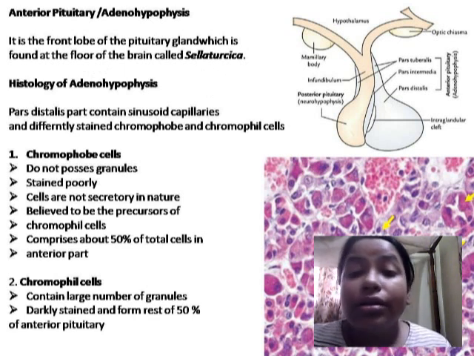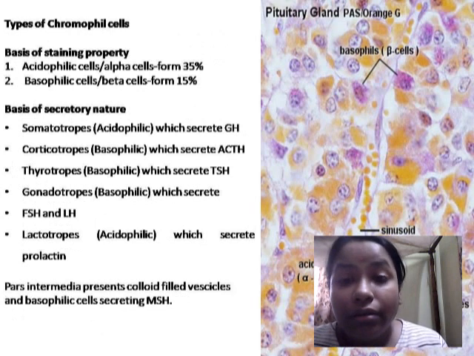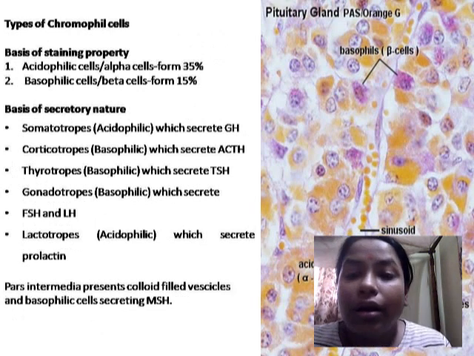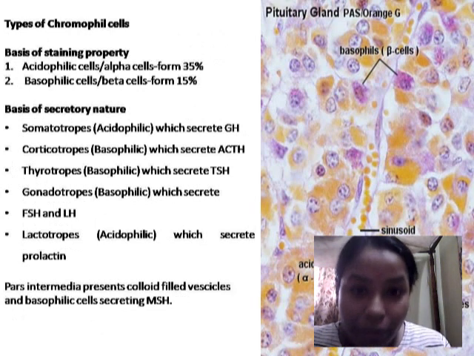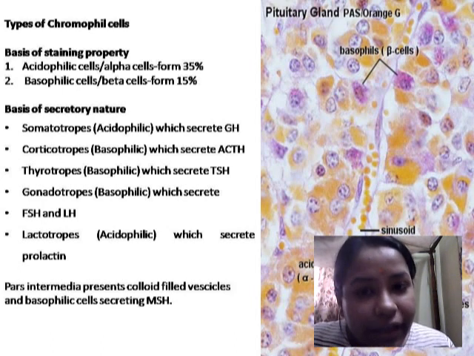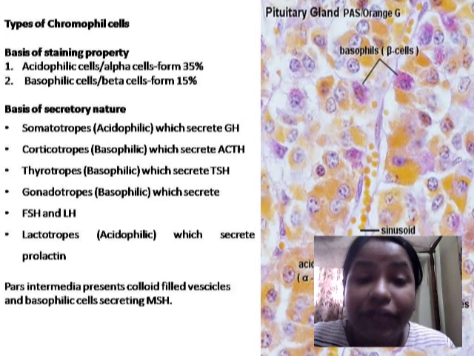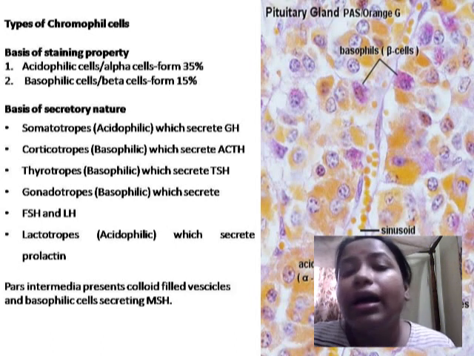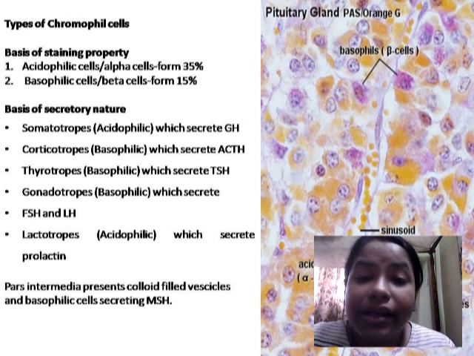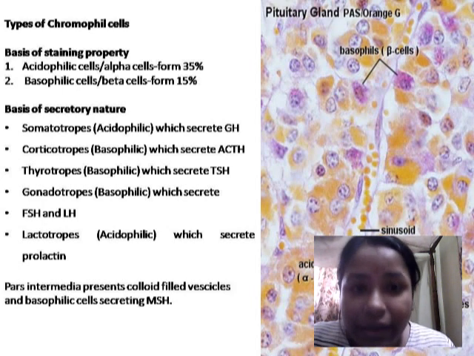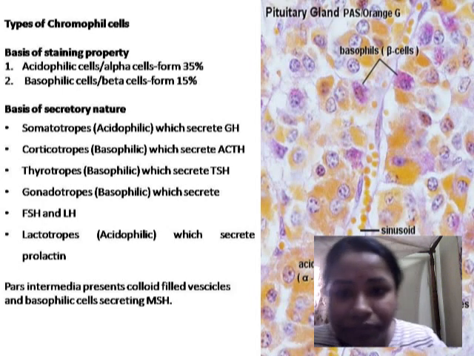They are again of two types, based on staining property and based on secretory nature. So based on the staining property, they are acidophilic cells or alpha cells, which form 35% of the total chromophilic cells, and basophilic cells or beta cells that form 15% of the total chromophilic cells in the anterior pituitary part.